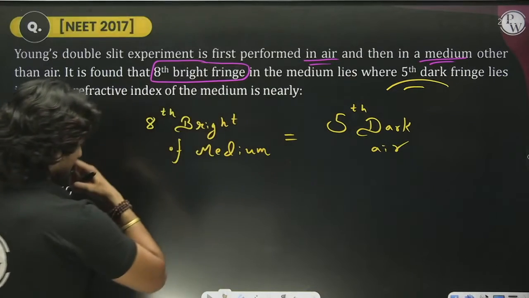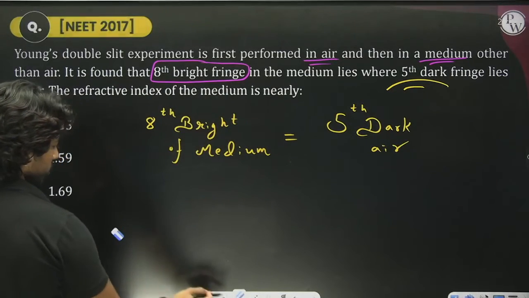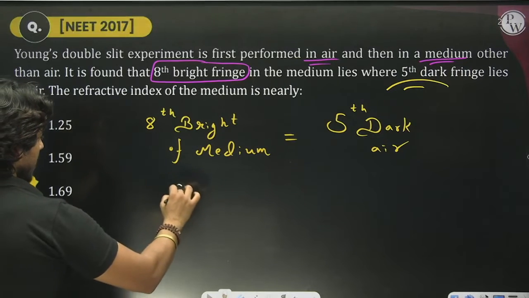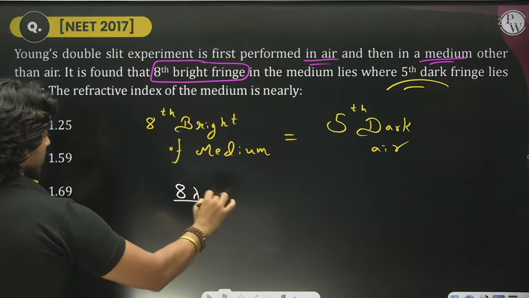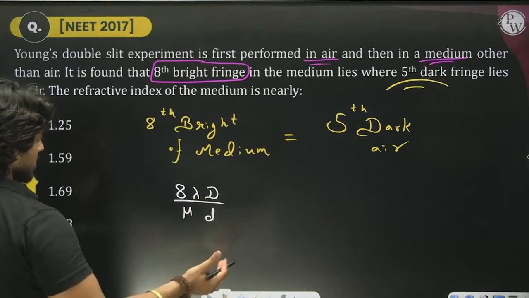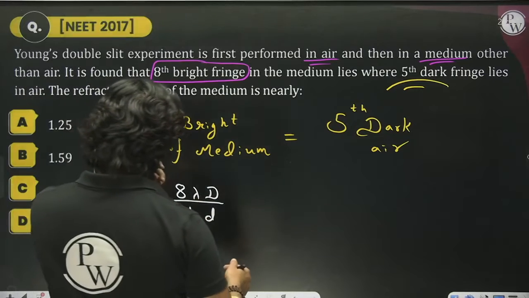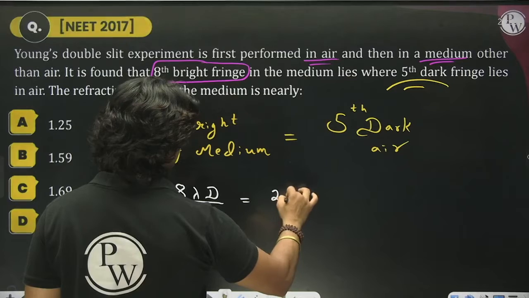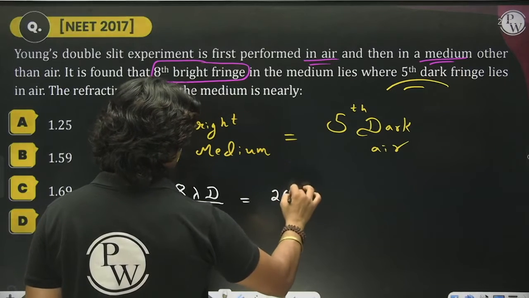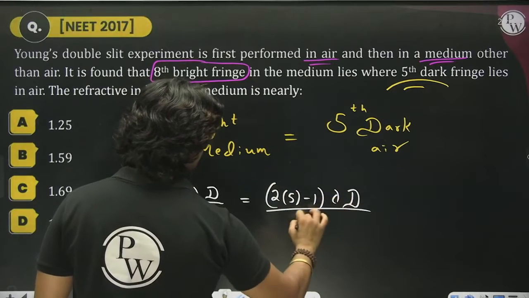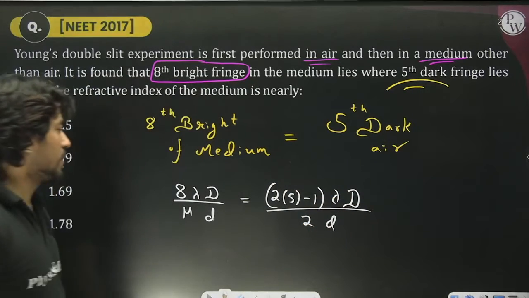What is the location of the eighth bright fringe for any medium? That's n lambda D by d divided by mu, since we are talking about any given medium. This has to be equal to (2n minus 1) lambda D by 2d.